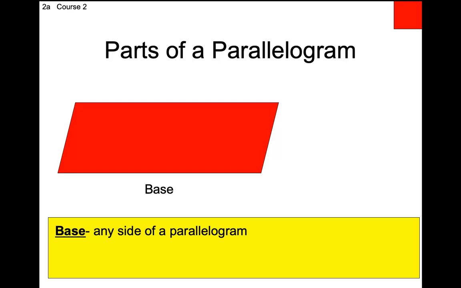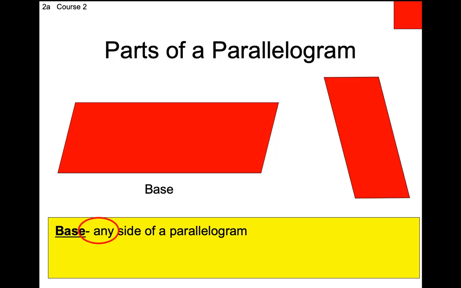The height of a parallelogram is the perpendicular distance. That means it's going to have a little square. It's not going to be between the base and the opposite vertex. It's going to be from the base to the opposite side. So base can be any one of the four sides.